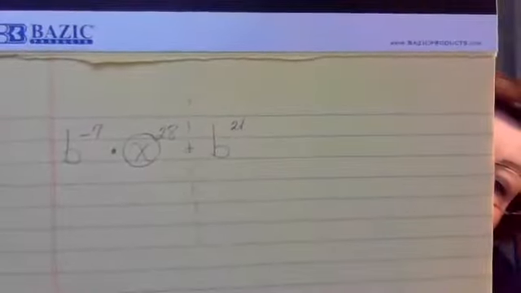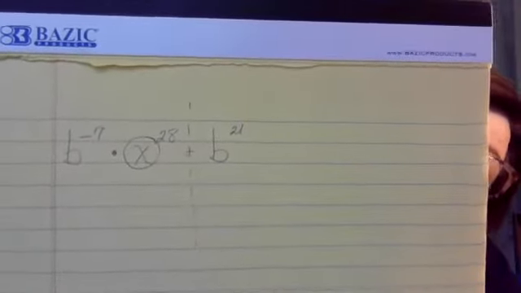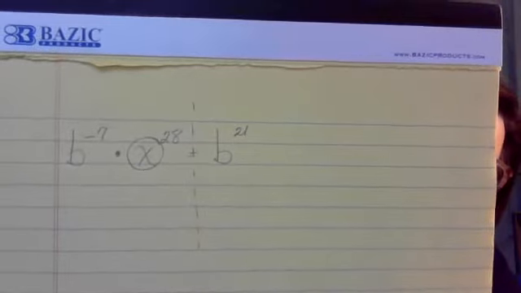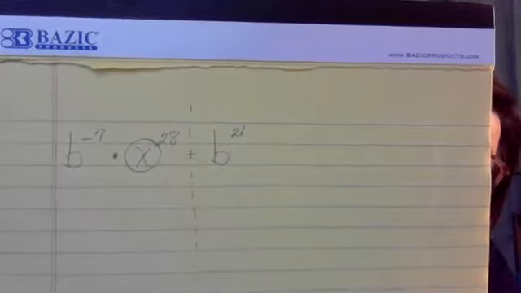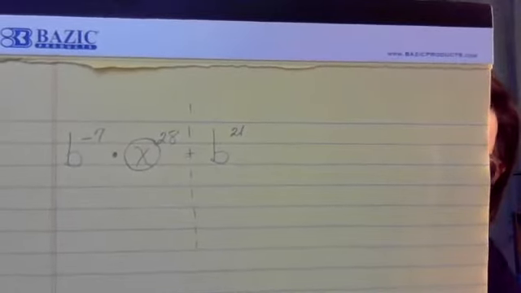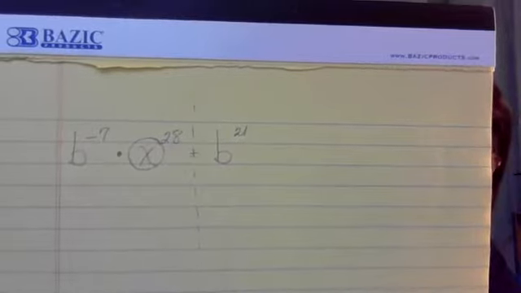Now, if we want to solve for x, then I need to get rid of that b to the -7th, right? Yes. So since it's multiplied to the x, I'm going to divide both sides by b to the -7th.